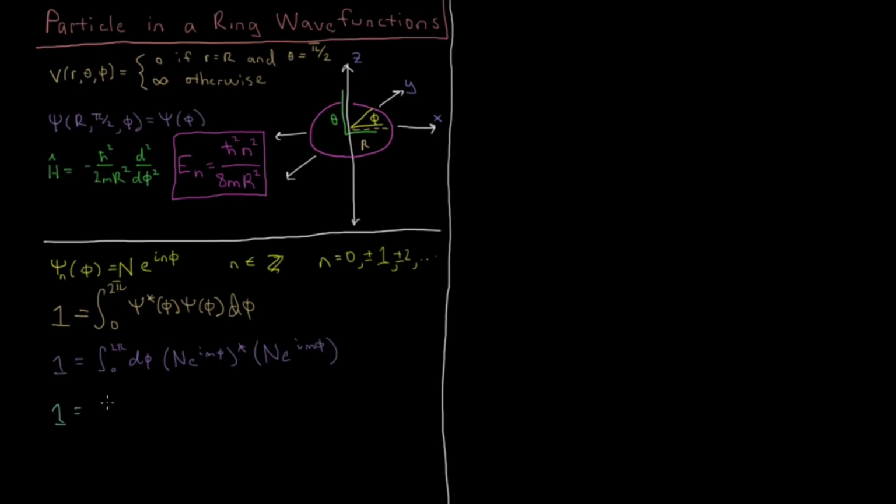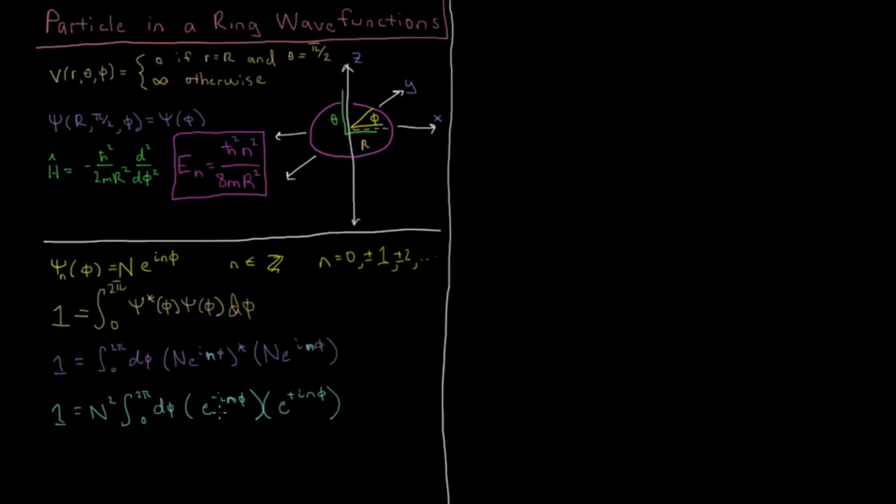So we're going to get 1 equals, and we can also take this factor of N and that factor of N and pull them out. N squared integral 0 to 2 pi d phi. Then we have e to the minus i n phi. Oh, sorry, these should be n's. Yep, e to the minus i n phi, e to the plus i n phi.